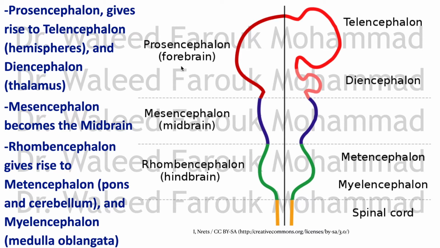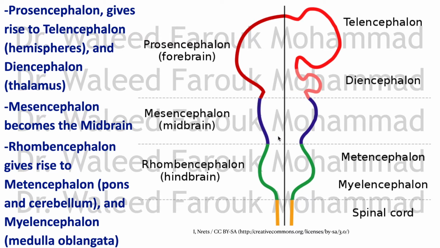Prosencephalon is the anterior brain or the forebrain, and it consists of the telencephalon that will give rise to the cerebral hemispheres. You must know this, the origins of each, and the diencephalon. The diencephalon is the thalamus. So the prosencephalon will give you the telencephalon, the cerebral hemispheres, and the diencephalon, which is the thalamus.